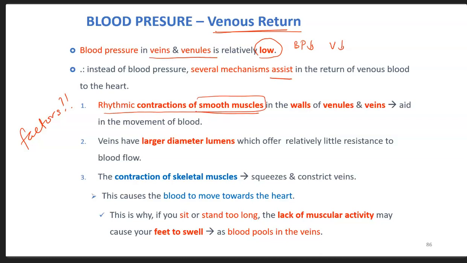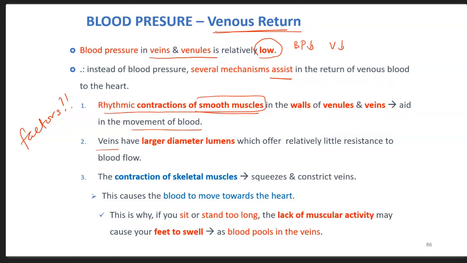So it causes the vein to vasoconstrict and also vasodilate. So the rhythmic contraction of smooth muscle in the wall of venules and vein aid in the movement of the blood. And then the second factor is the presence of veins.